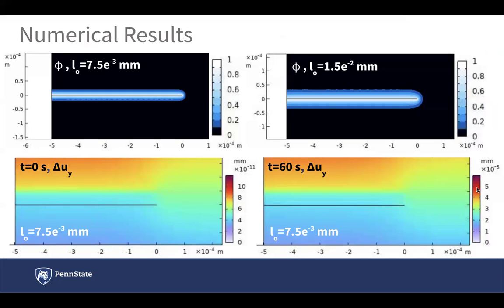So these are the numerical results. The first two figures show the phase field, and we also ran two different cases. One case where our crack width, or L0, is 7.5 times 10 to the negative 3 millimeters, as well as a larger width of 1.5 times 10 to the negative 2 millimeters. As we can see in this figure, where it is black, the phase field is equal to 0.